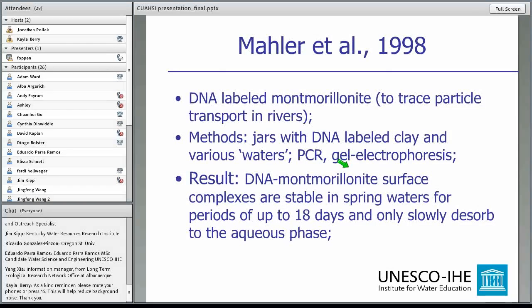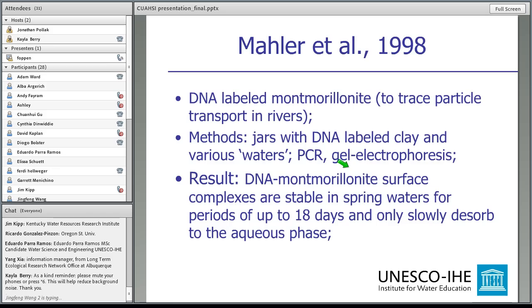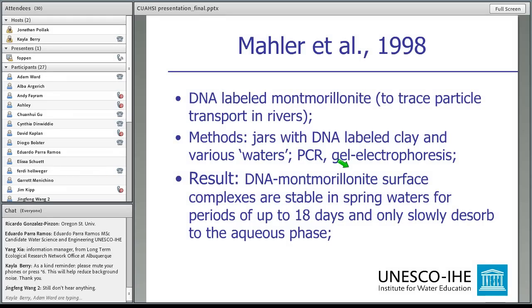Around that time, Barbara Mahler, who is now at the USGS, experimented with DNA-labeled montmorillonite in order to trace particle transport in rivers. She added DNA-labeled clay to jars filled with various water types, and after a number of days she PCR'd her samples, carried out gel electrophoresis, and then identified her DNA particles back in her samples.